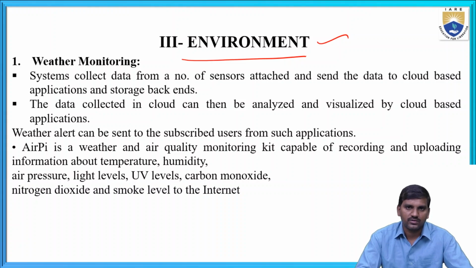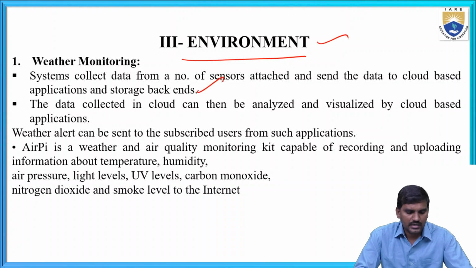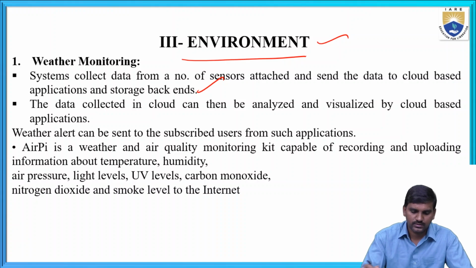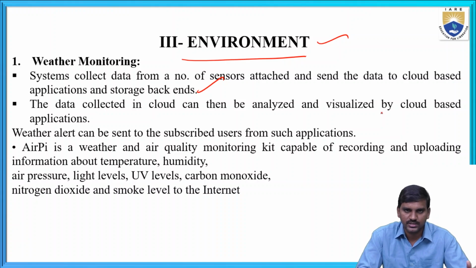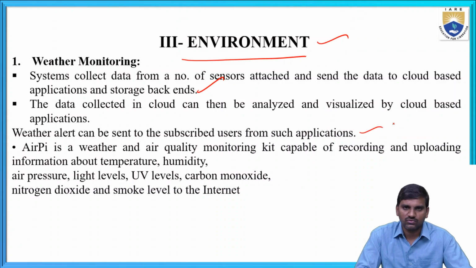The system collects data from a number of attached sensors and sends the data to cloud-based applications and storage backends. The data collected in the cloud can then be analyzed and visualized by cloud-based applications. Weather alerts can be sent to subscribed users from such applications.